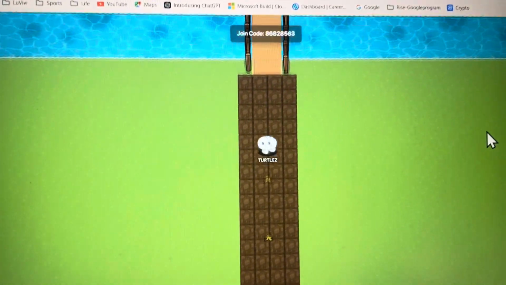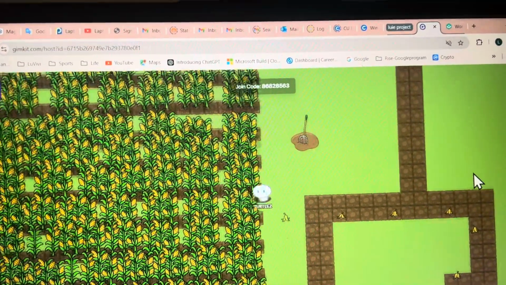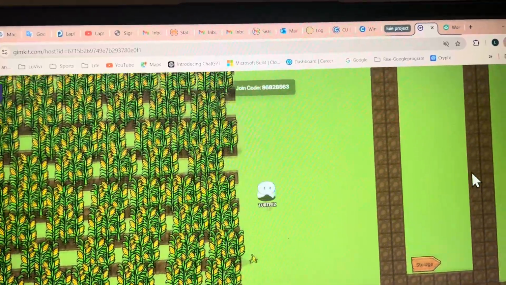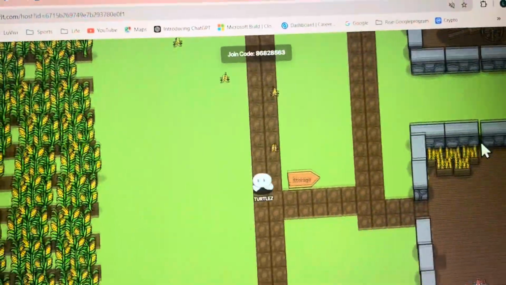And then if we keep going up here, we would usually see the farms, and this is the bigger farm, which would be for a commoner job.